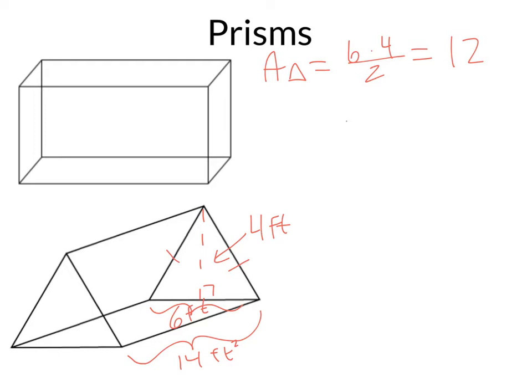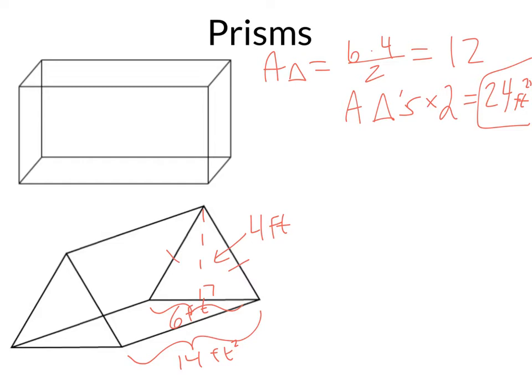And if I've got the area of the triangles times 2, I'm going to get 24 feet squared. Cool. So the two triangles is 24 feet squared. That'll be helpful in a little bit once I get my rectangles.